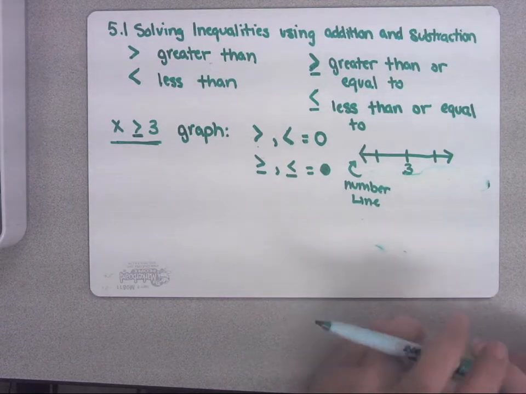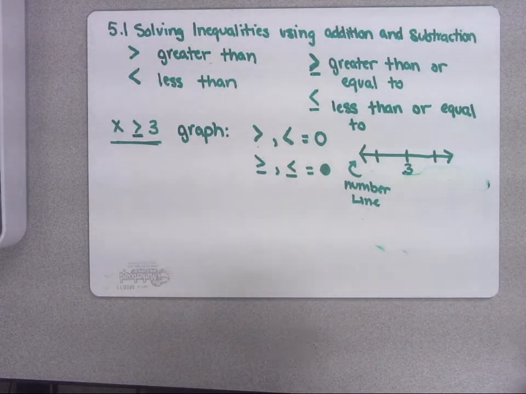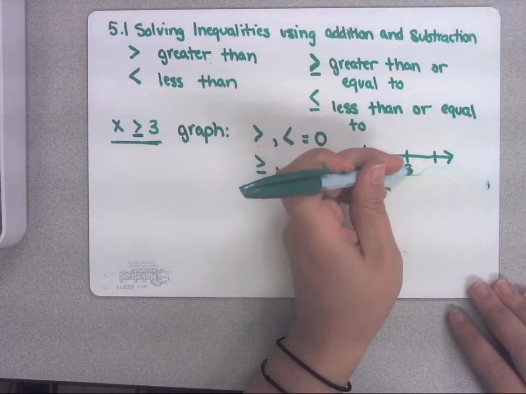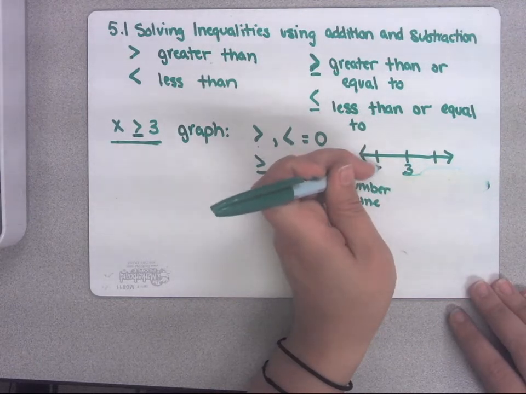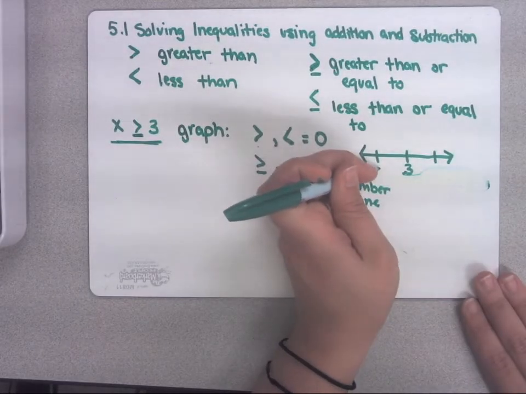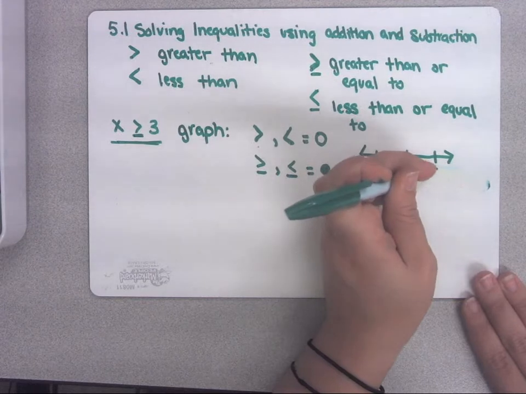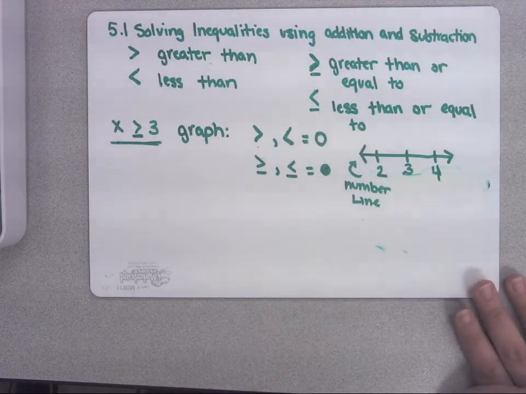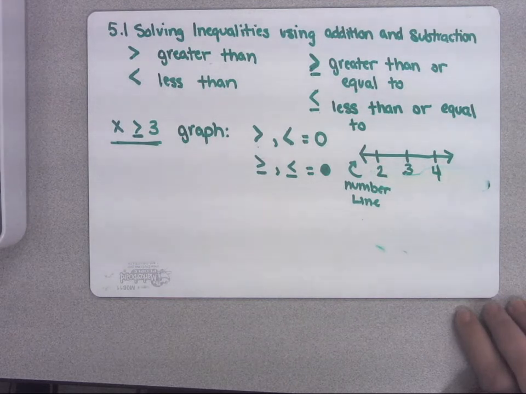Do you remember which one's which on a number line? Think of the x-axis. Matthew? Yes, smaller on the left. So what's a number smaller than 3? What's a number greater than 3?